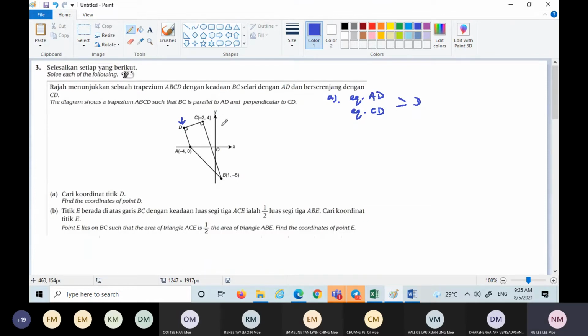But I see some of you go and get the equation of the BC because you get the gradient already. Then I think you use point C. If you are using point C and this gradient, you are finding the equation of the BC. If you are finding the equation of the BC, will it help you to get the point D or not?